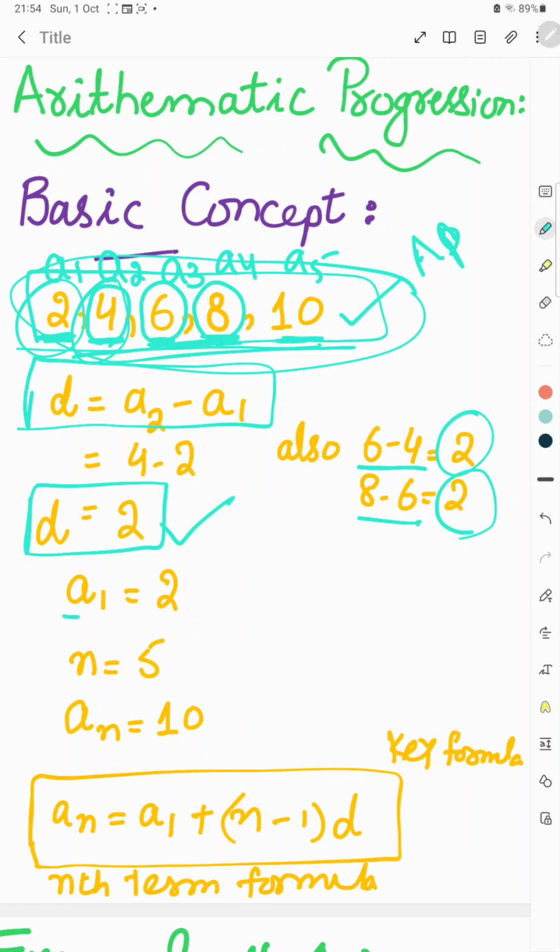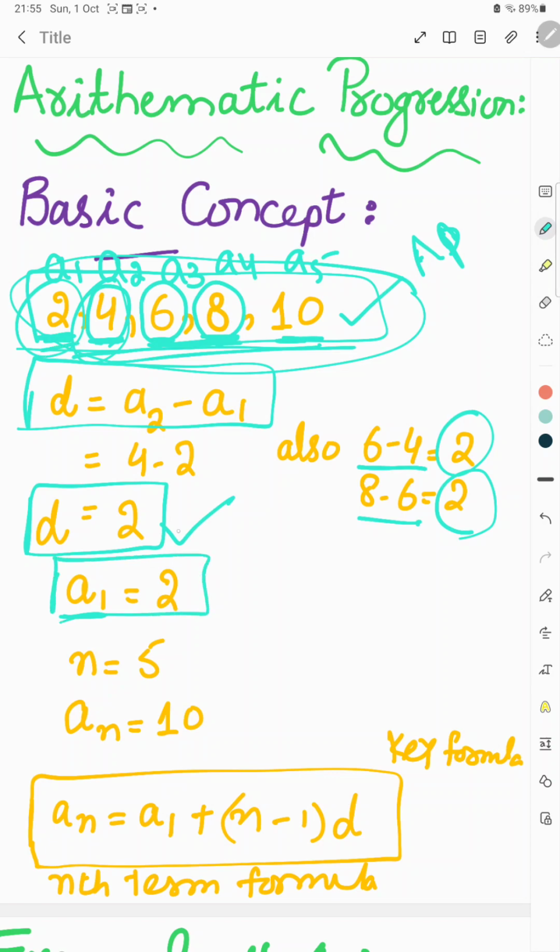Now what is A1? As I already told you, the terms of the arithmetic progression are always represented by small a1, that is the first term, small a2, that is the second term, small a3, that is the third term, and similarly it goes on. Okay. Now here a1 is equal to 2.